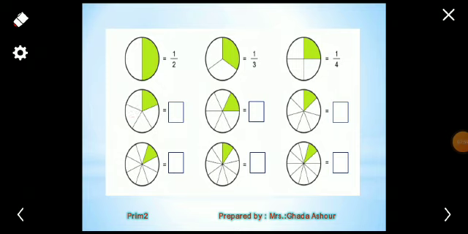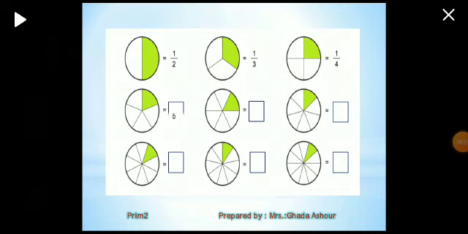Let's count the parts: 1, 2, 3, 4, and 5. Yes, 5 equal parts. So the down number will be 5. Down we write the number of all parts. But we have just one colored part. So the upper number will be 1. So it's 1 over 5. Yes, 1 over 5.